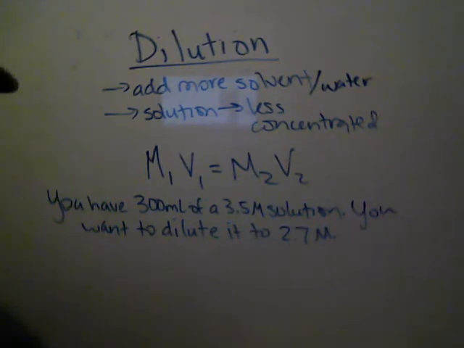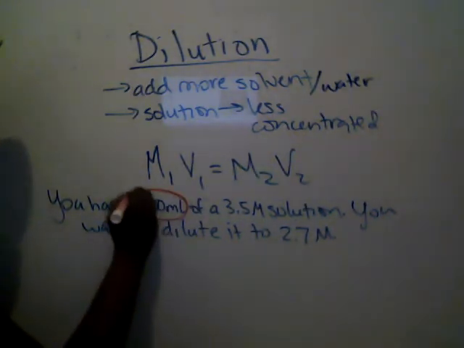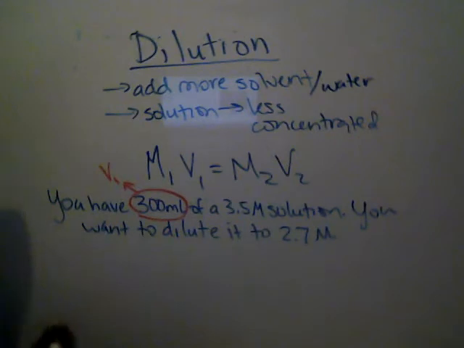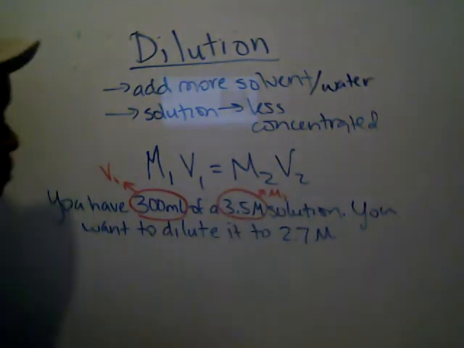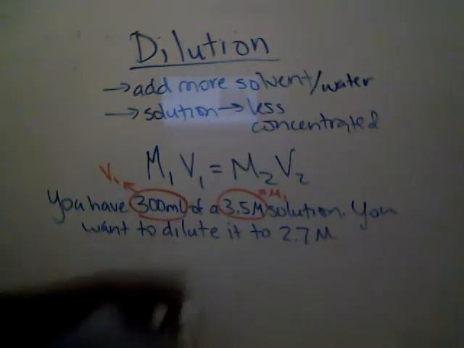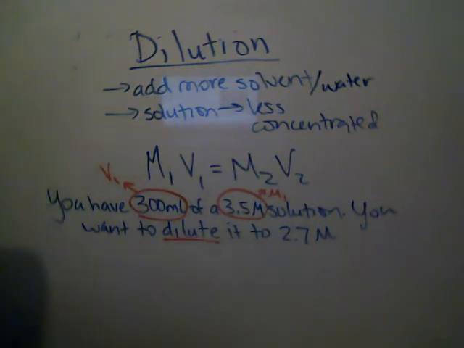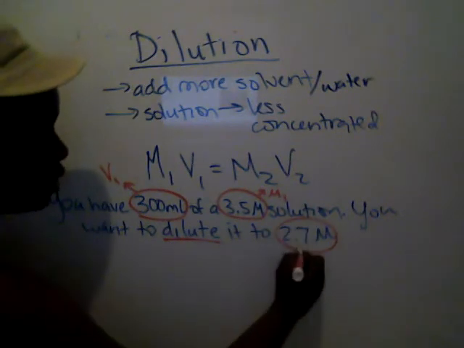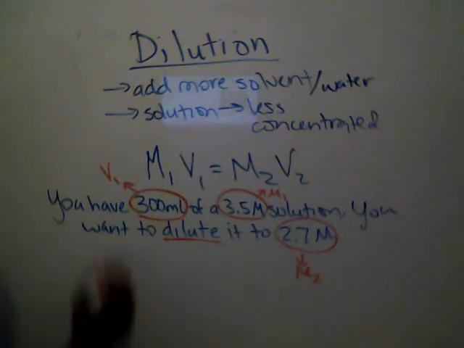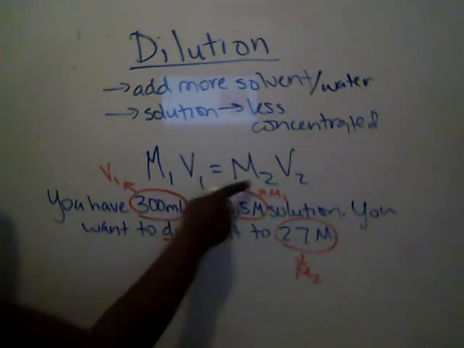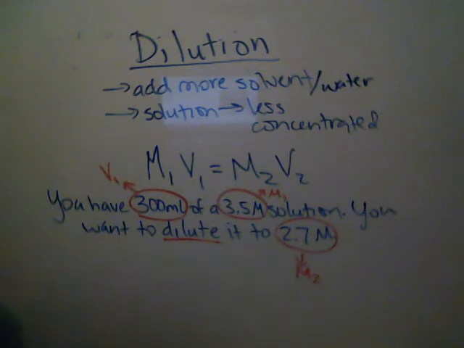Okay, so the way that this would work is if we have 300 milliliters, so this is a volume information, this is going to be our initial volume. We have it at 3.5 molar, that's our initial concentration. But we want to dilute it, we want to add more water or more solvent to get it to this concentration. So this is our M2. Okay? So what we have to find is our V2. So we have M1, V1, we have M2, we just don't know what our final volume would have to be.